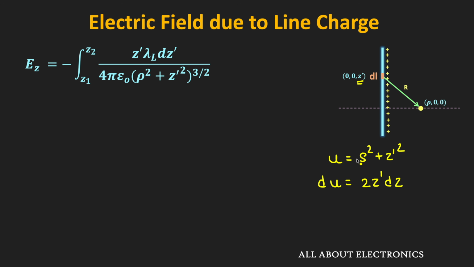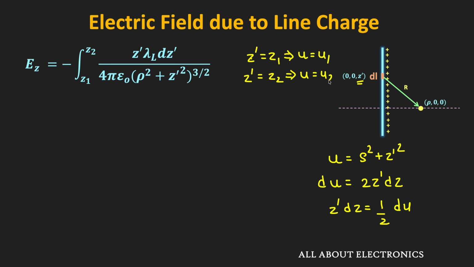Therefore this will become 0, and the differentiation of z dash square is equal to 2z dash times dz. So from this we can say that z dash times dz is equal to 1 by 2 times du. Whenever z dash is equal to z1, at that time u is equal to u1, and whenever z dash is equal to z2, at that time u is equal to u2.